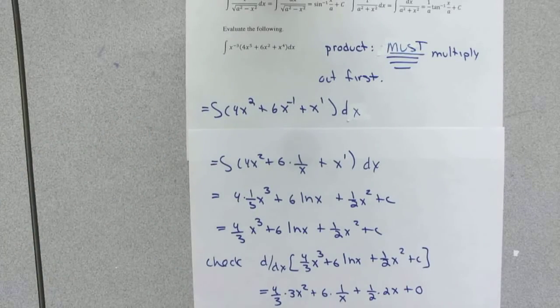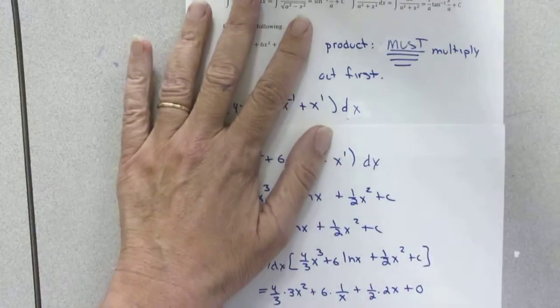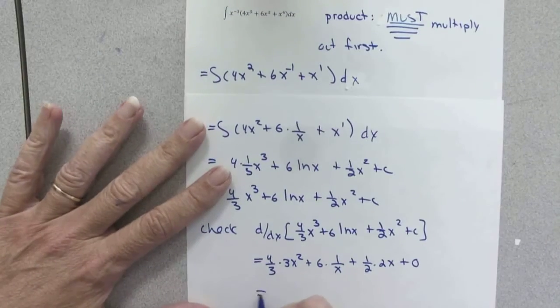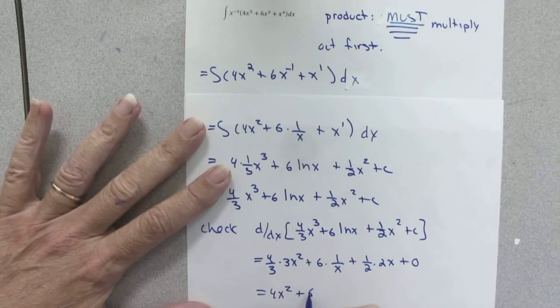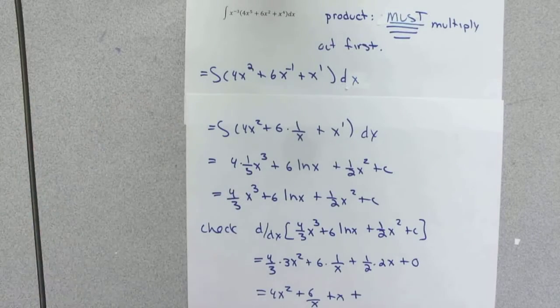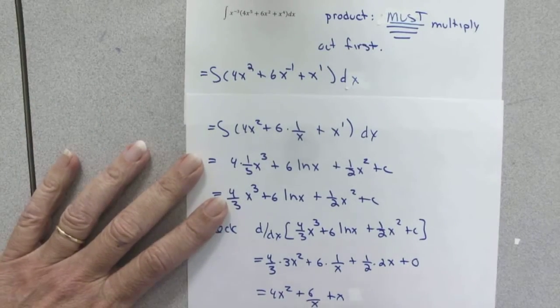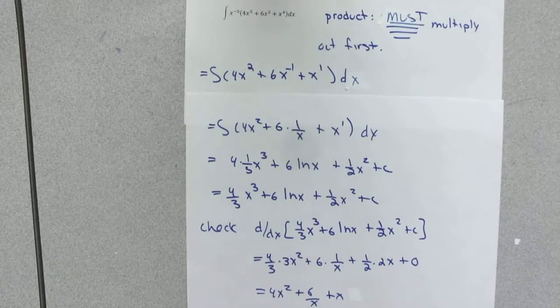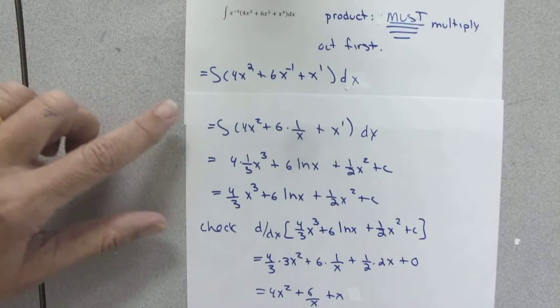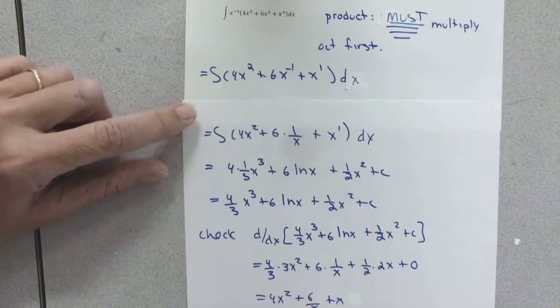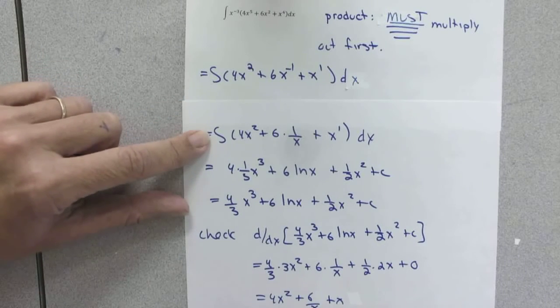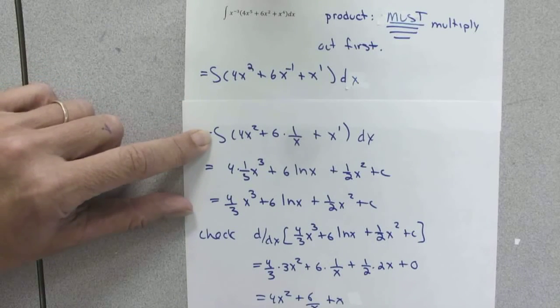And the derivative of that plus c on the end is 0. And so I get 4x squared plus 6 over x plus, or I don't need the plus 0. And there we go. And you can check it. It checks back to this line right here, basically.